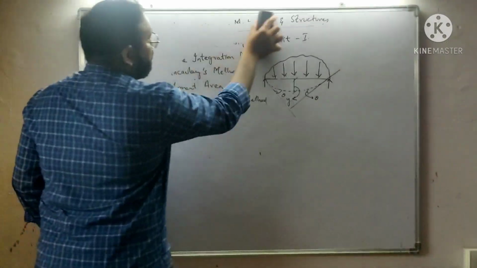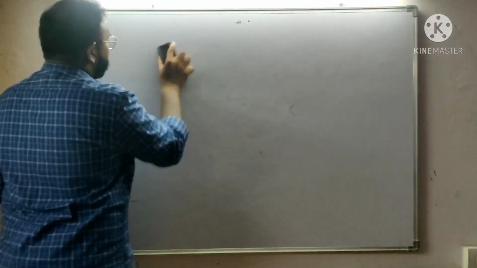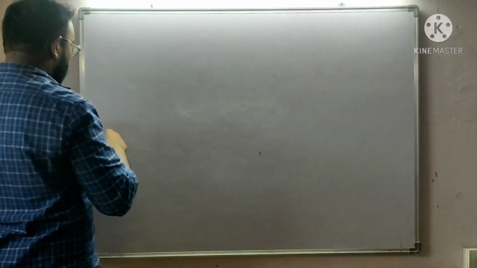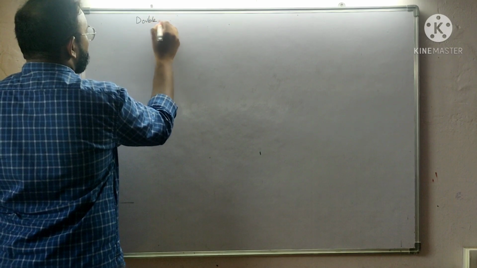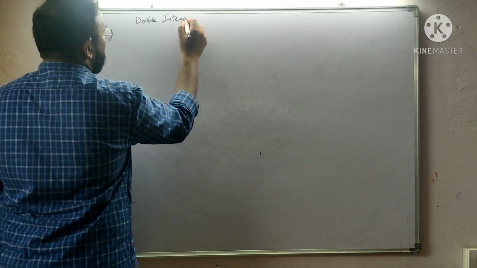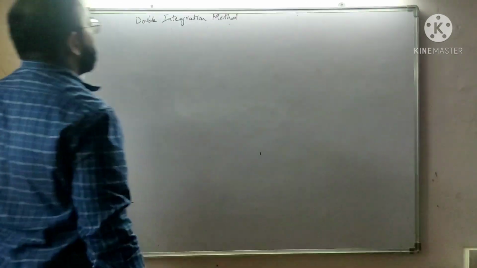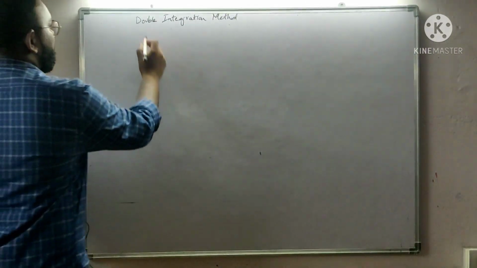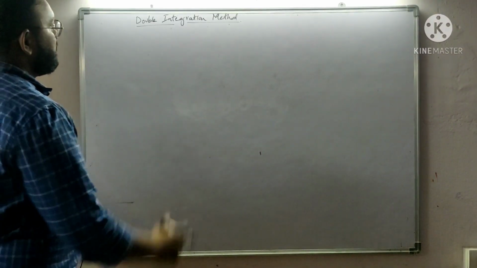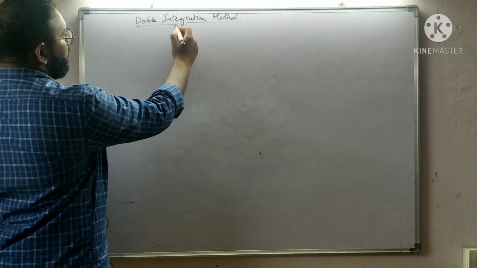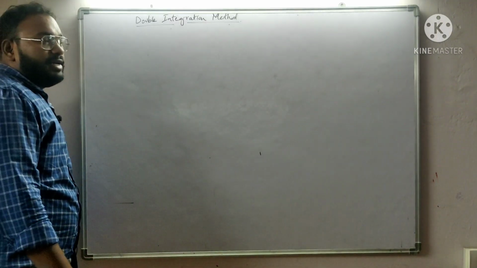So first we'll start with the double integration method. By the name you can understand, it is integrating twice. 2 times you need to integrate, so slope and deflection can be calculated.